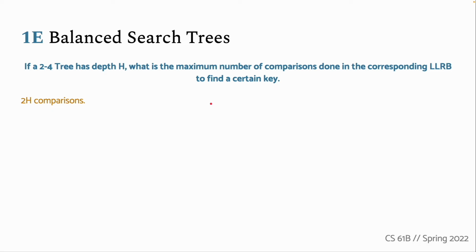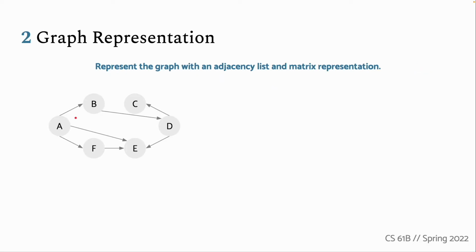In that case, you'll compare to that middle thing, and then if it's less than, you're going to compare also to that node that is to the left of it. So that is basically 2 comparisons per node, and the height of the tree is h, so there are h nodes on that path from root to leaf. So the total number of comparisons is 2h.